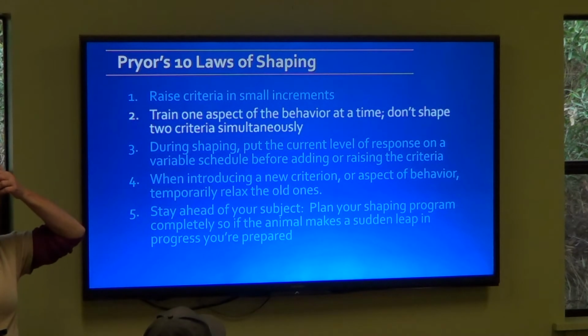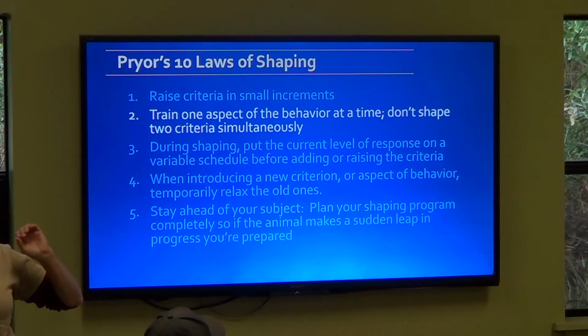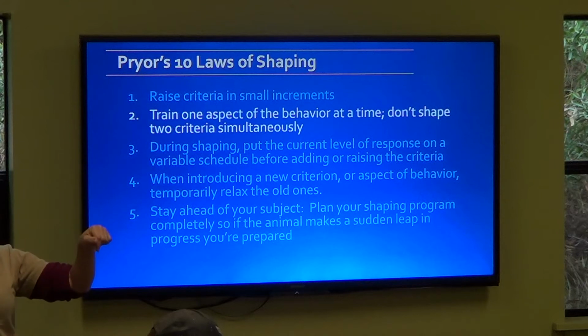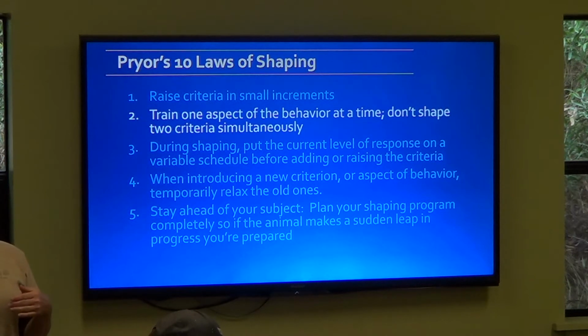This is kind of what I was talking about with looking at the different components of the behavior. You don't want to mix everything up. So if you think about, oh, I need the animal to do this, and this, and this, and then I'll begin to put them together, that way they can learn each different aspect. If you give them too many different things to learn at once, it can be quite confusing.